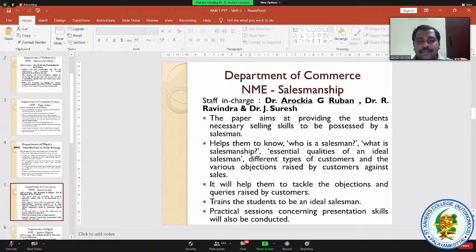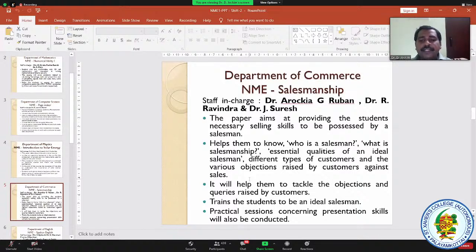Moreover, it helps them to know who is a salesman, what is salesmanship, essential qualities of an ideal salesman, different types of customers, and the various objections raised by customers against sales. It will also help them to tackle the objections and queries raised by the customers. It trains the students to be an ideal salesman.